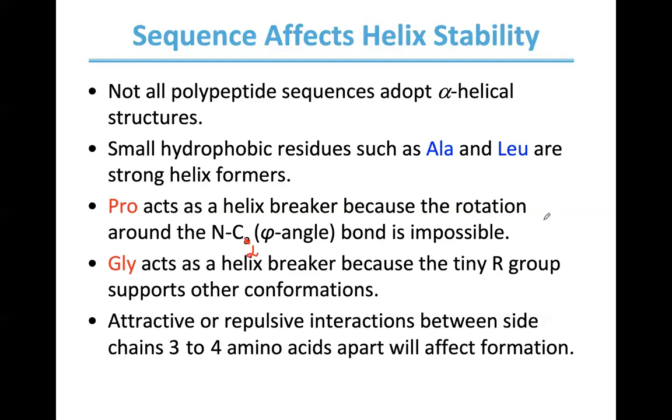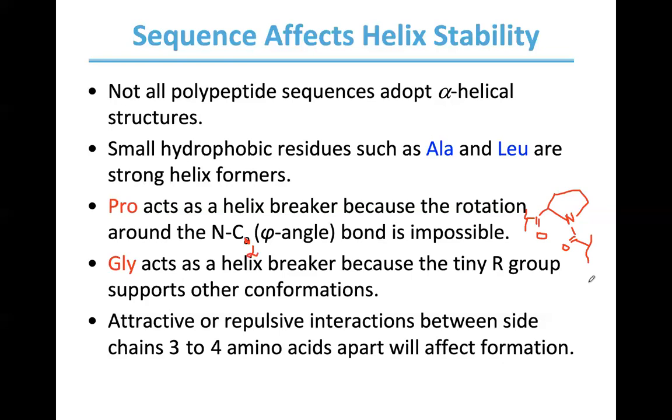Can proline make that hydrogen bond? So this will be like a part of the structure of a proline.